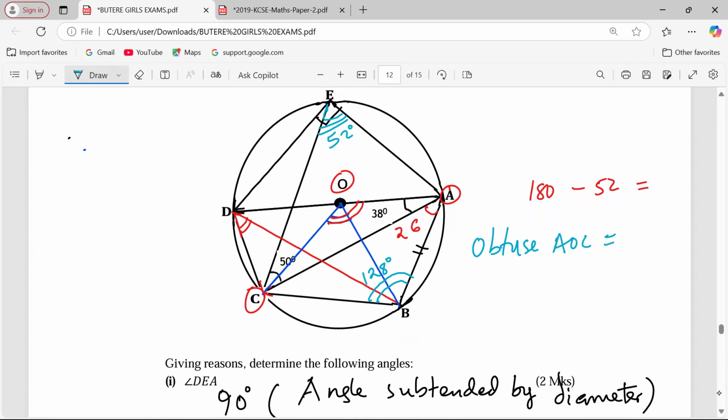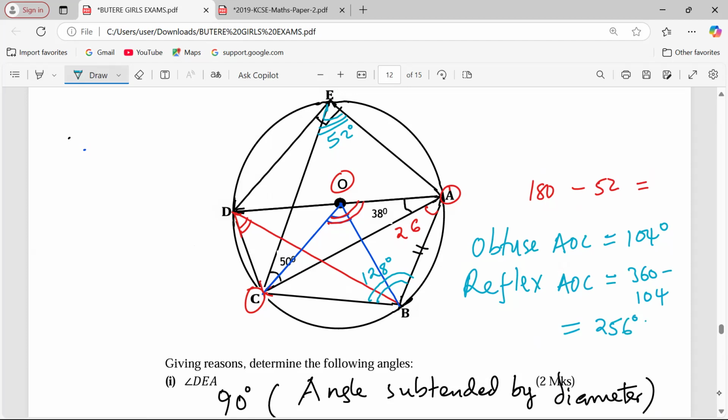AOC equals 104. Meaning that the reflex AOC will be equal to, we take 360 and we subtract, because it's angles at a point now, subtract 104. So 360 minus 104, we get 256 degrees.